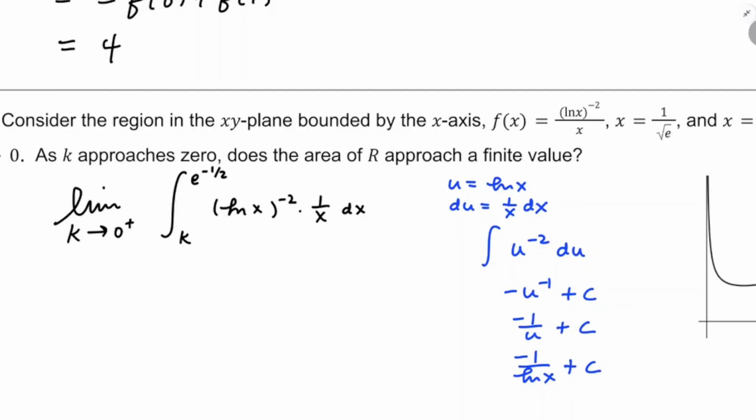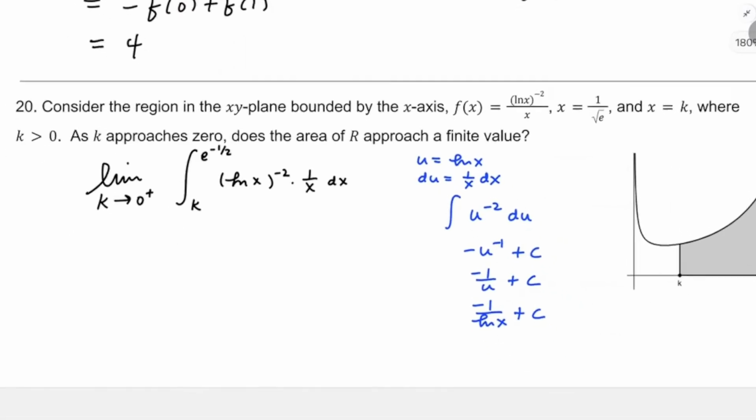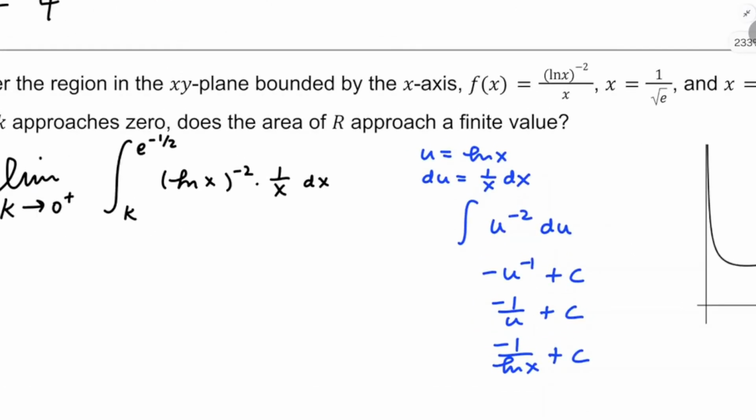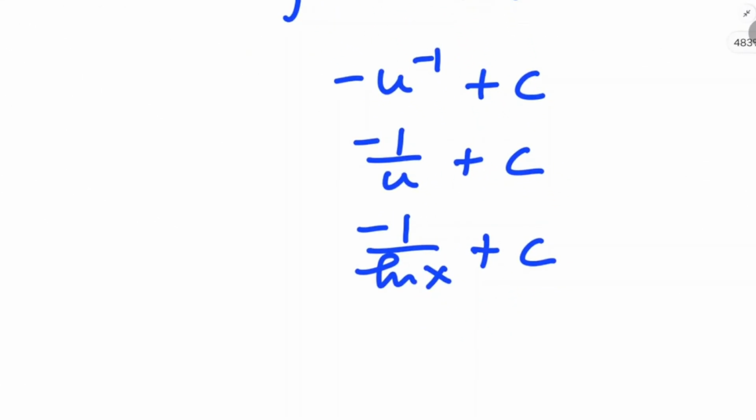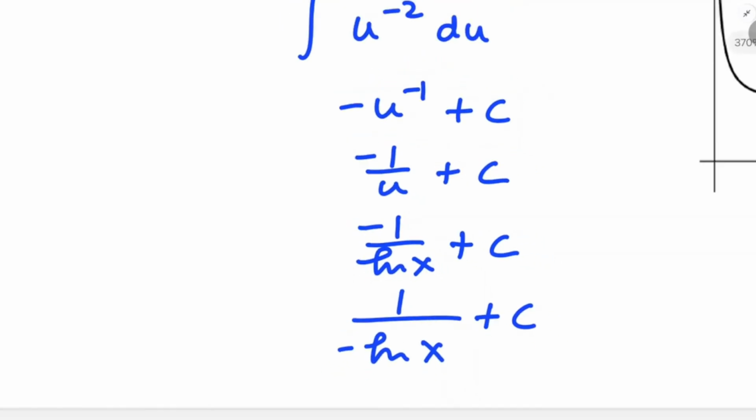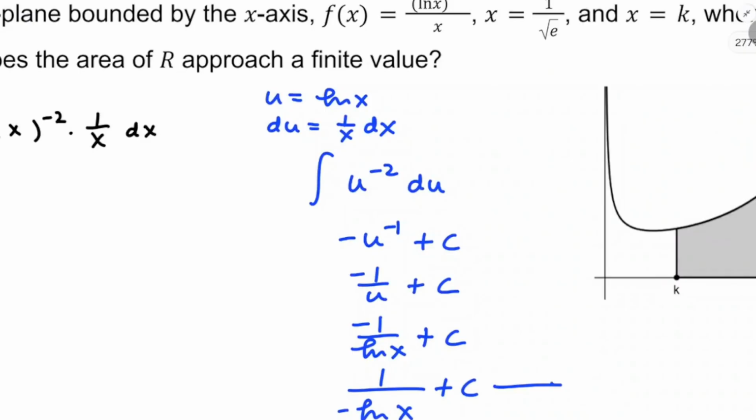Oh, man. This is tricky. So, I think what I would do, I hate to appeal to log properties all the time when I said that was something we didn't really need anymore, I'm going to say that's 1 over negative log x, which is equivalent, at the very bottom of the PDF, to log of 1 over x.